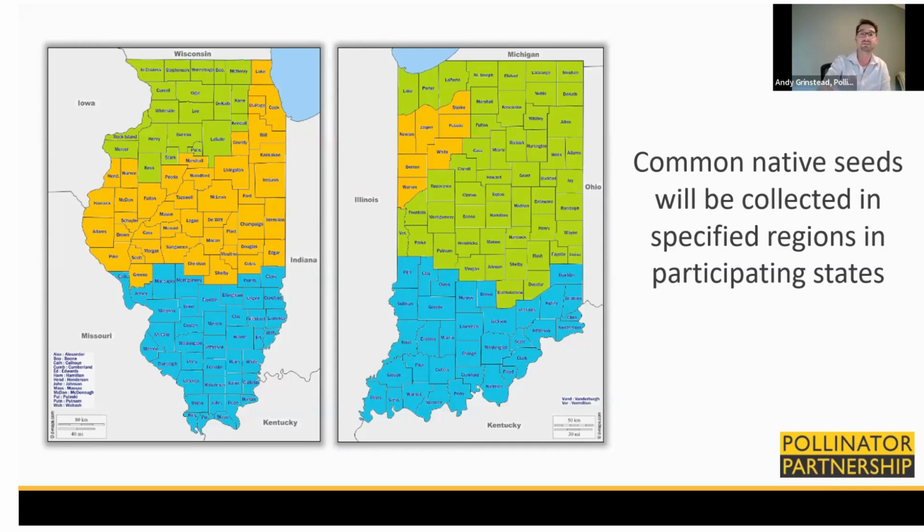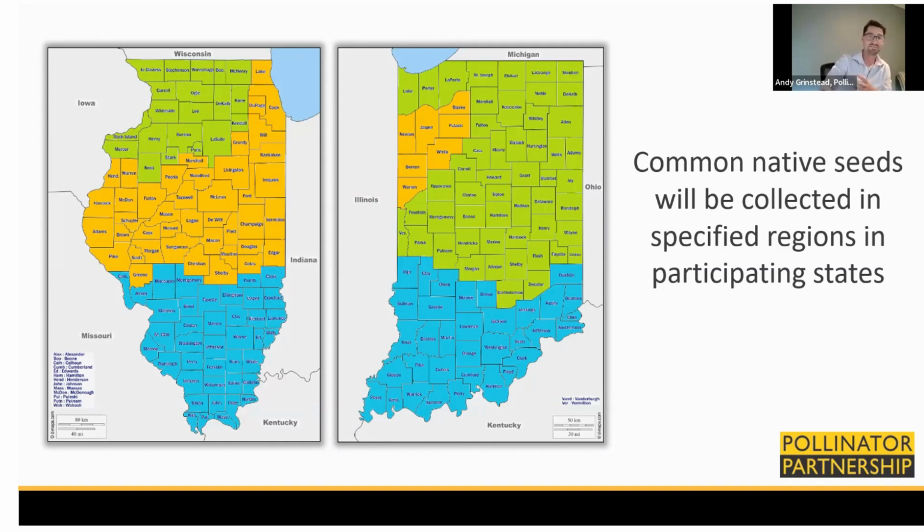All native plant materials that are generated from the seed collecting efforts will be redistributed within the same state collection zone in order to maintain genetic variability and resilience across milkweed and forage plant populations and assist with the goal of addressing habitat loss in the Midwest.